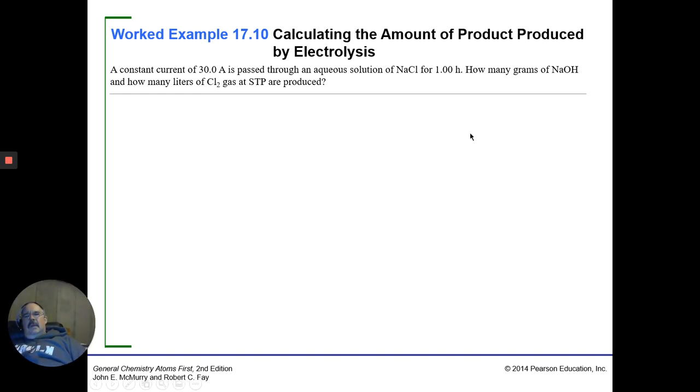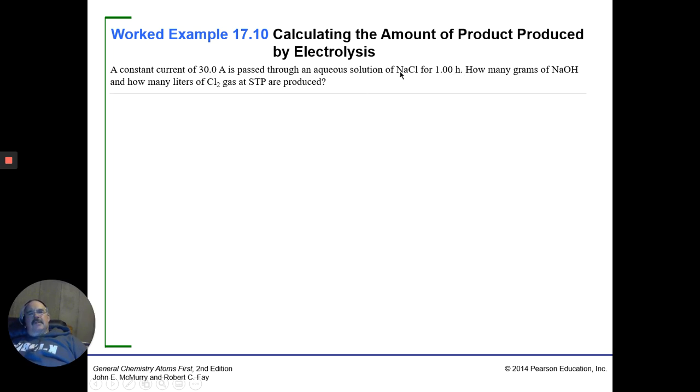All right, in this question, a constant current of 30 amps is passed through an aqueous solution of sodium chloride for 1 hour. How many grams of sodium hydroxide, how many liters of chlorine gas are produced? Okay, if we take 30 amps and we convert hours to seconds, so that's 3,600 seconds.